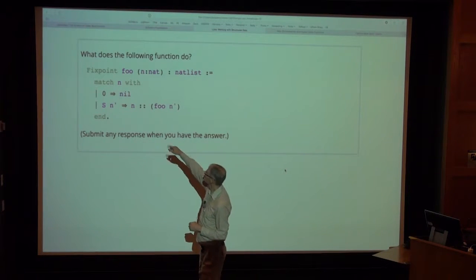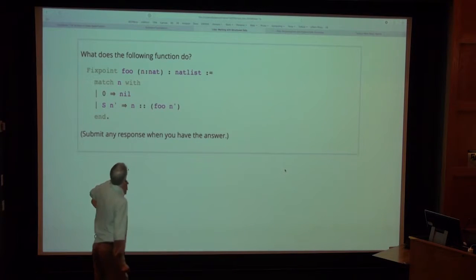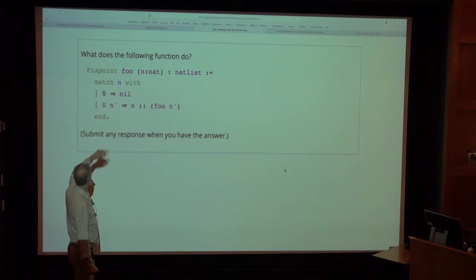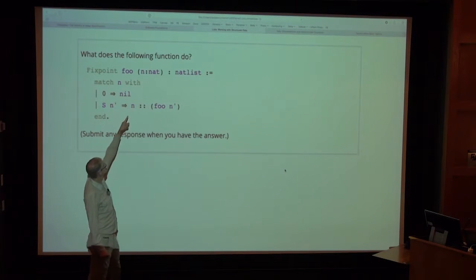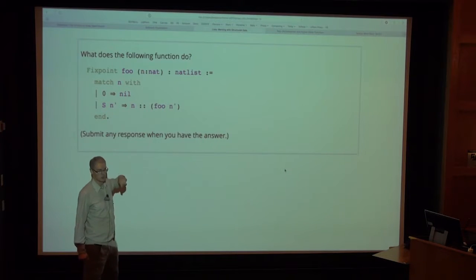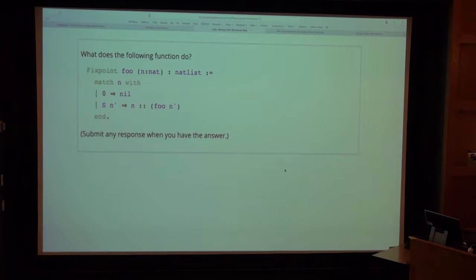Okay, so if you call it with 1, what will happen? Let's work it through. You give it n, it matches n. So you give it 1, pattern matches 1, 1 is successor of 0. So it puts 1 cons foo of 0, so 1 to 1. And foo of 0 is nil. Okay, sorry. No need to apologize. Participating and getting it wrong is better than not playing.